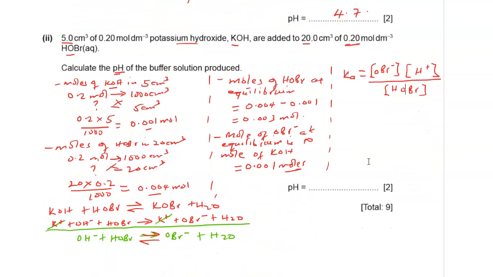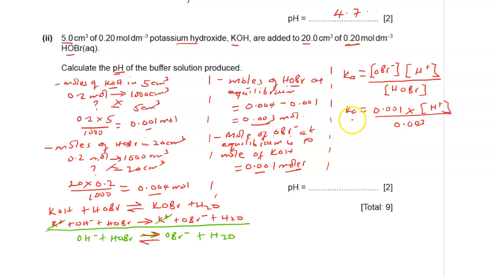So we plug in everything. The concentration of this we have said is 0.001 times the concentration of hydrogen, which we are supposed to be finding out, divided by the concentration of bromic acid, which is calculated to be 0.003.